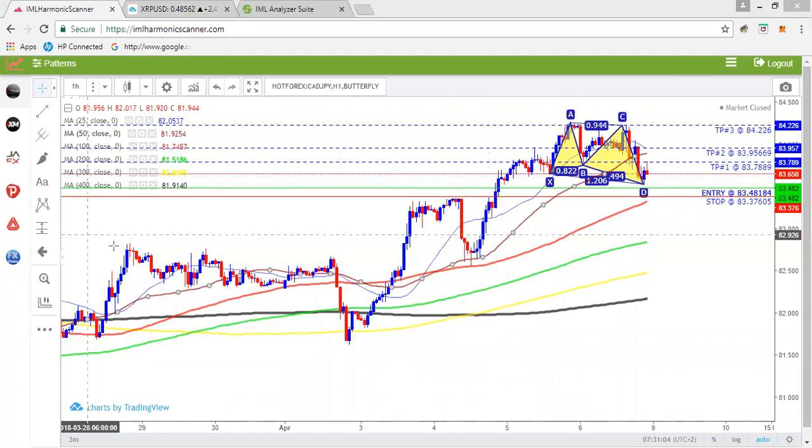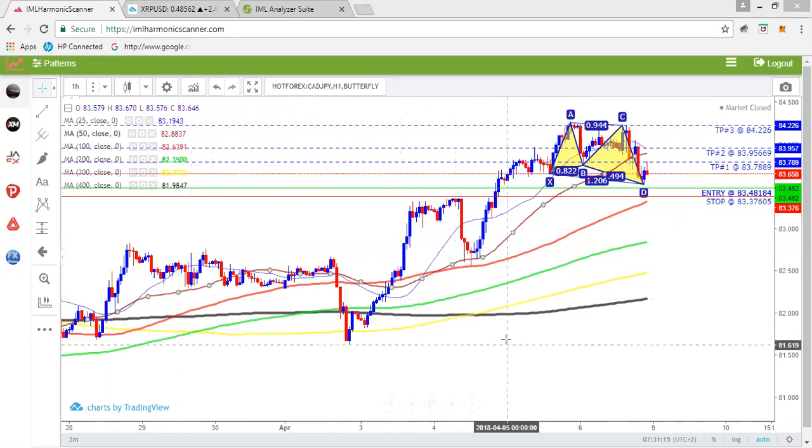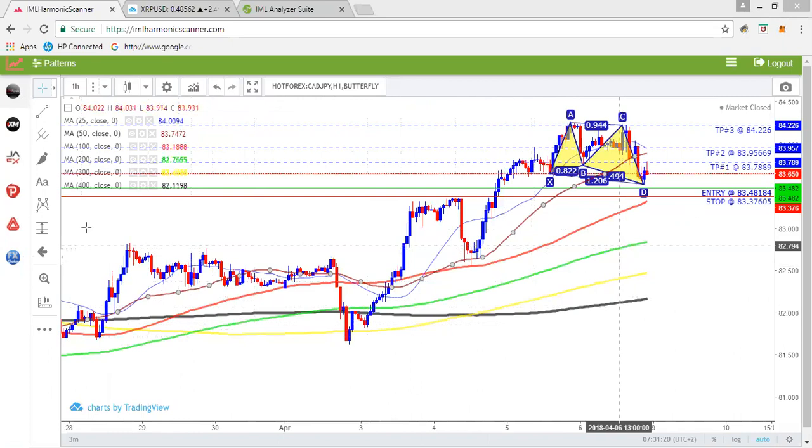This morning, I just want to make an update on the previous Hemu strategy being used on Harmonic scanner. So this time around, we are only going to take a look at the moving average.